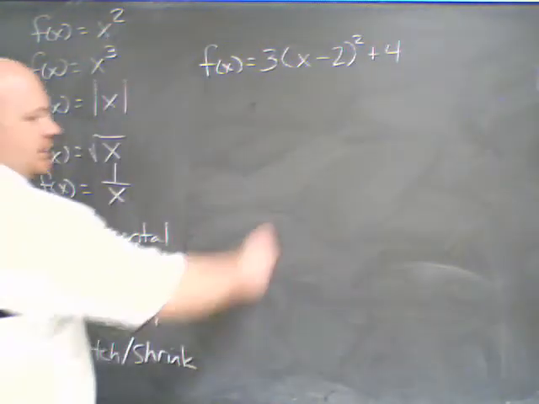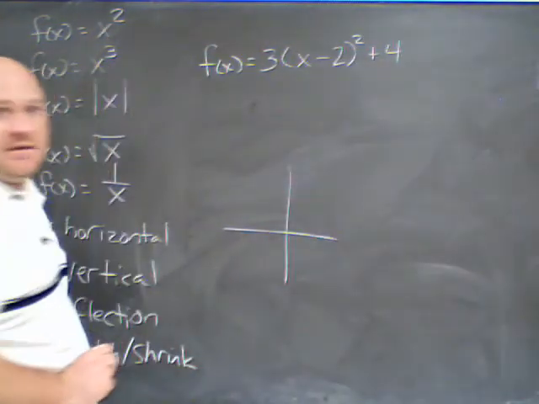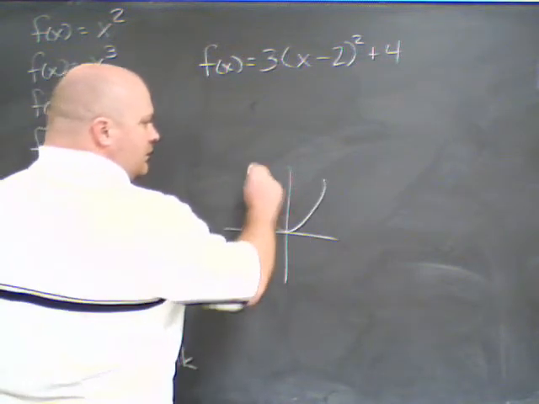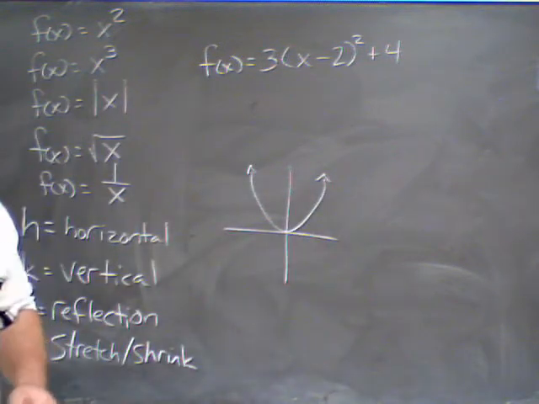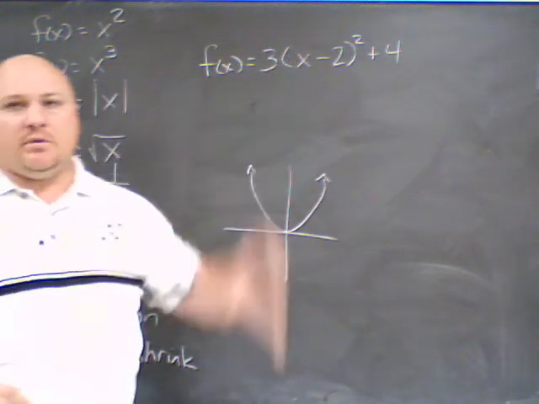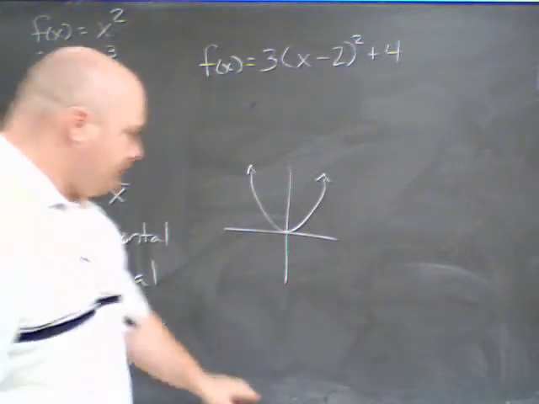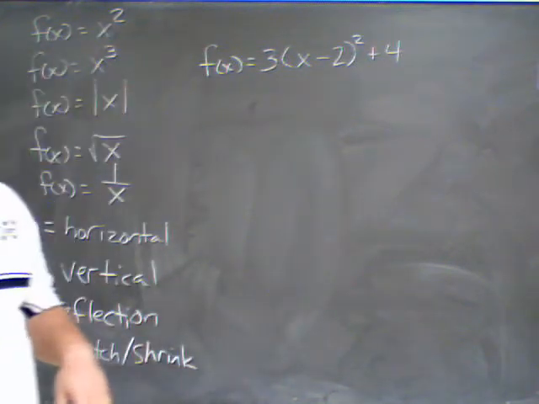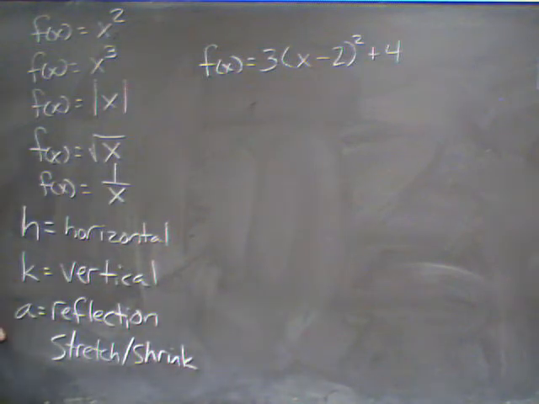X squared, if you graphed it, is just going to be sitting right on the origin, like so. So that is the original parent function. These numbers are going to change what it does. Now, let's look at our h, k, and a.